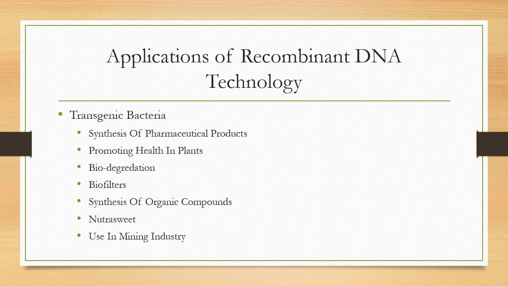And another use of these transgenic bacteria is in the mining industry. You know, the major mining companies are using bacteria to obtain various metals. Genetic engineering enhanced the ability of bacteria to extract copper, uranium, and gold from low-grade sources.